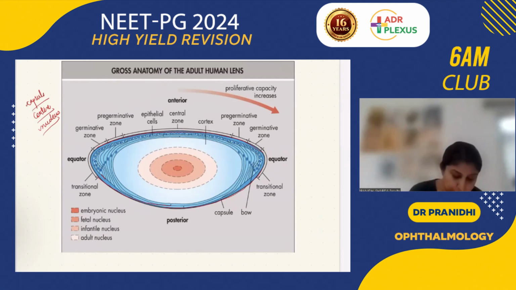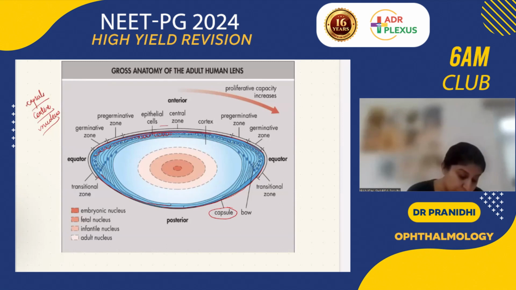Inside the capsule, anteriorly, we have the epithelium of the lens. These are the epithelial cells, and as you can appreciate, they are cuboidal in shape.